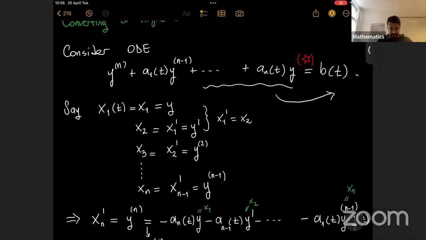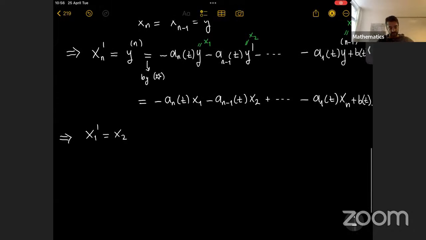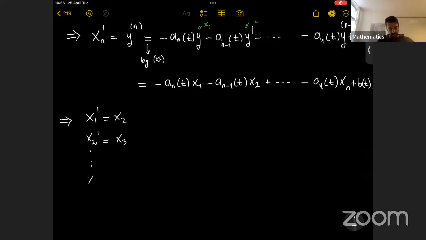And similarly, x2 prime is x3. And you continue like this. Let's write this here: x2 prime is equal to x3. And xn minus 1 prime is equal to xn.